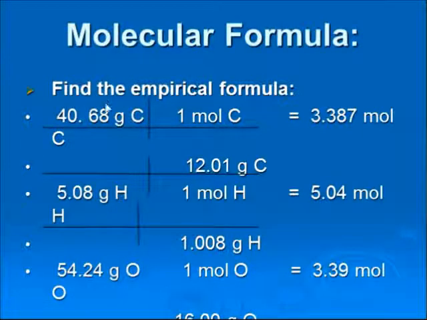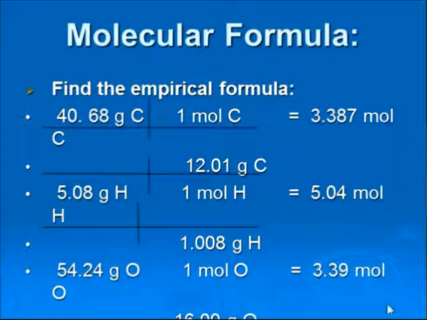So take the percentages, remember, turn those into grams, and then divide those by each individual mass. Here carbon is 12, hydrogen is 1, and oxygen is 16. That gives me 3.387 moles, 5.04 moles, and 3.39 moles.